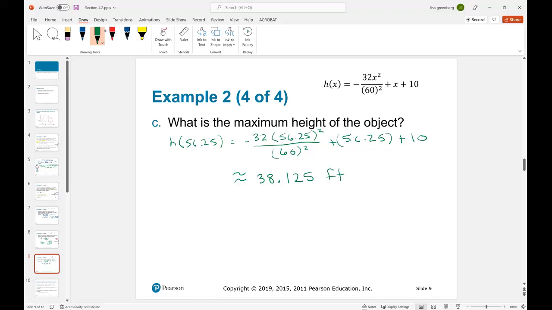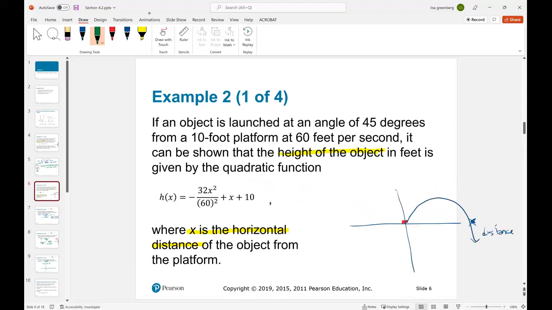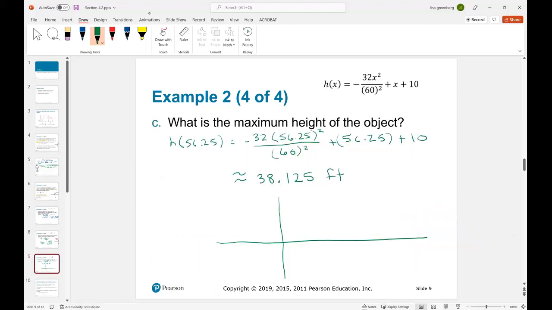Okay, and the graph would look basically like this. So we know it's going up. So let's read the question again. The object is launched at an angle of 45 degrees from a 10-foot platform at 60 feet per second. So basically, here's our 10-foot platform at 0, right?